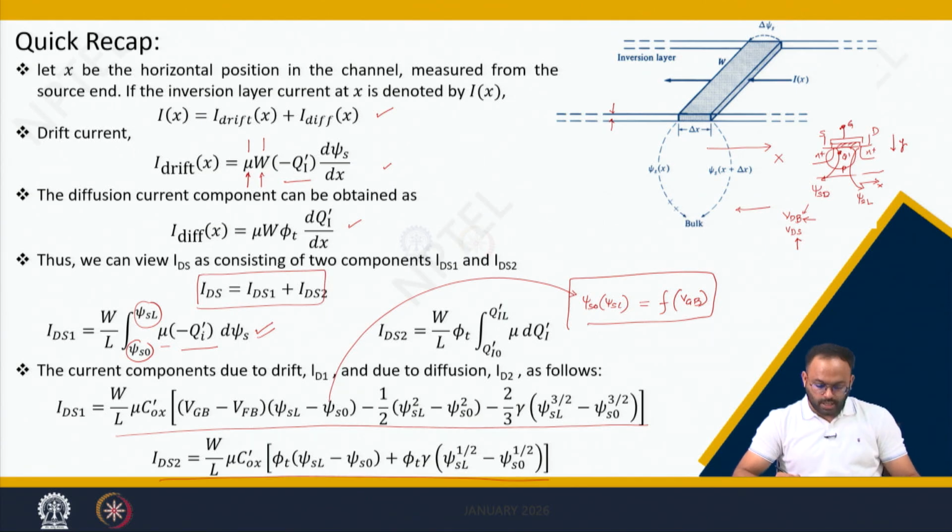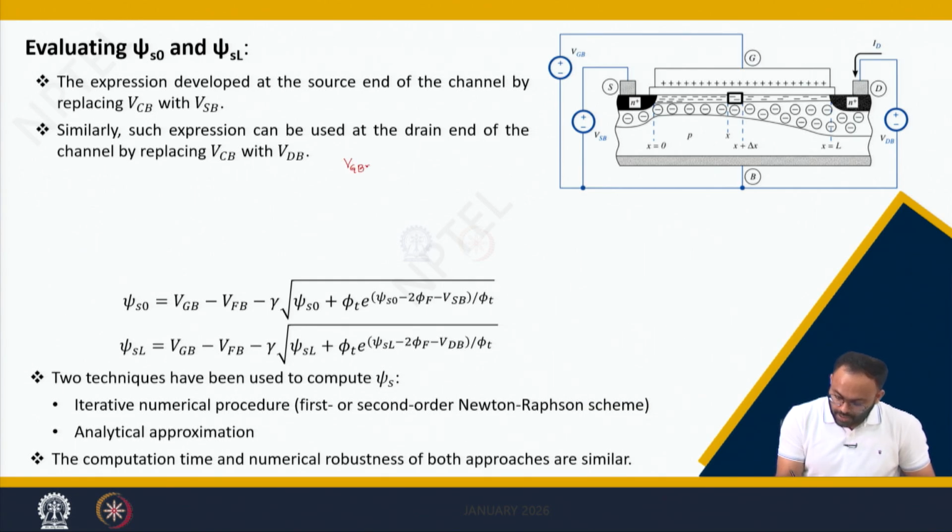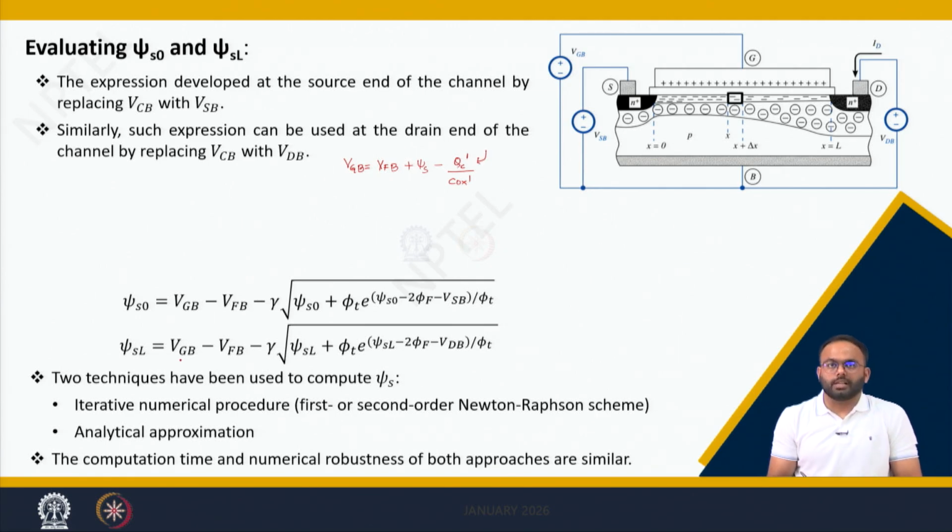So to do that, again we will follow the potential balance equation. We have written this potential balance equation many a time, and we find that it can be written as V flat band voltage plus psi s minus Qc dash divided by Cox dash, where Qc dash is nothing but the channel charge.